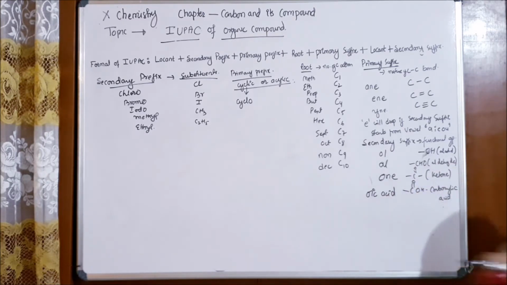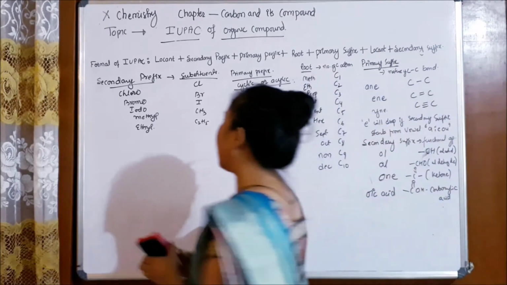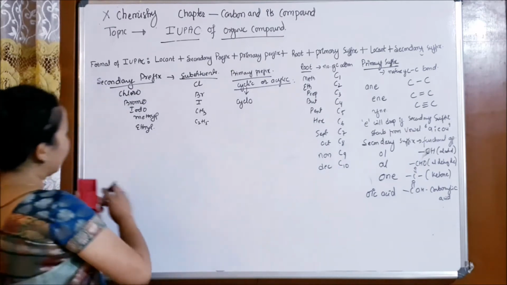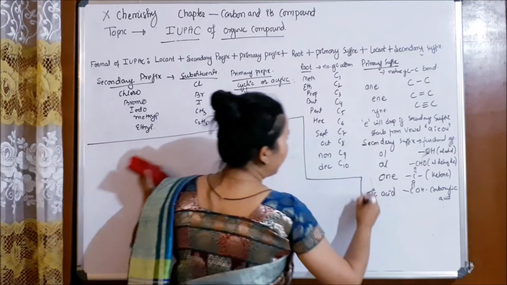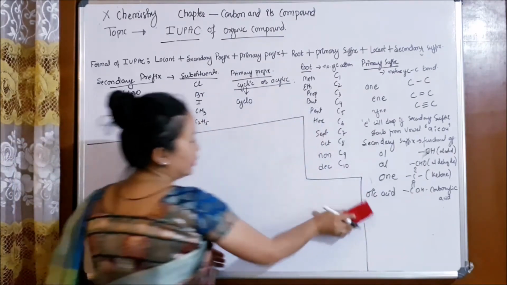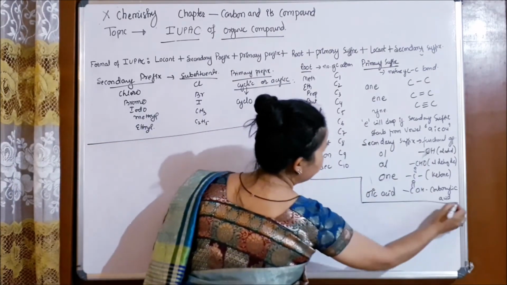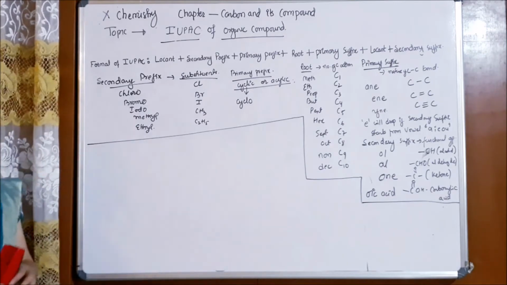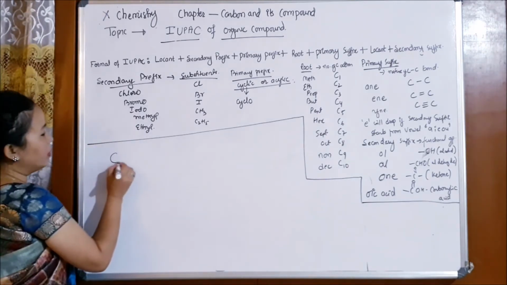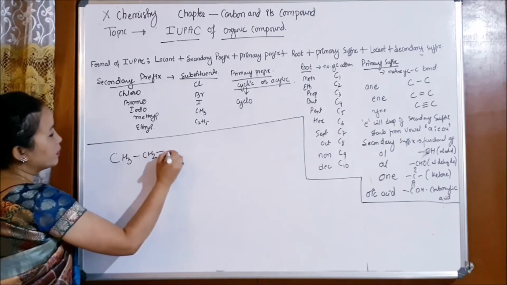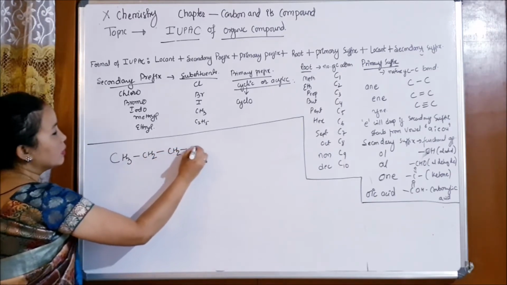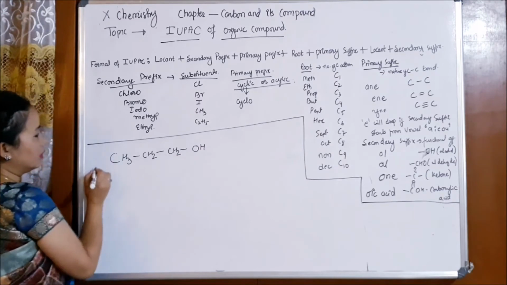Now from this we'll try to write down the IUPAC name of some simple organic compounds. There are certain rules that need to be followed. So if we have this compound, the first rule is to identify the functional group present, if any. Now this is the question. You can see there is a functional group, that one is OH.